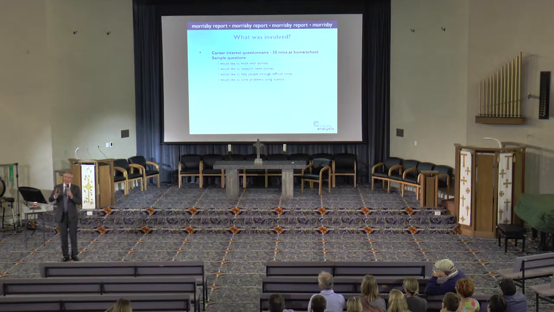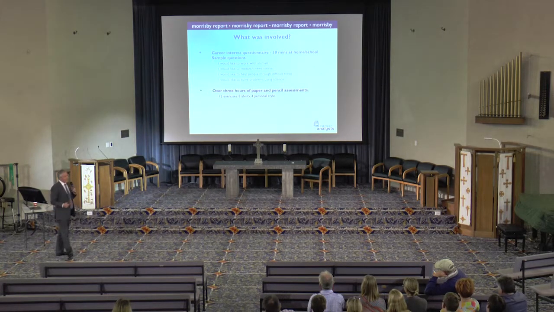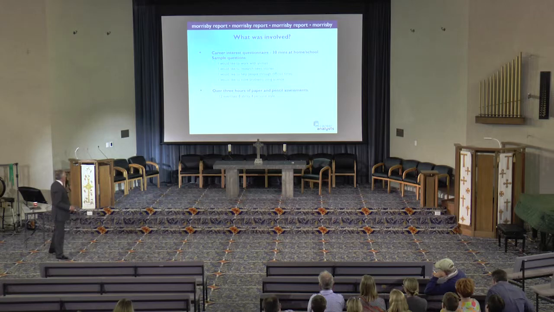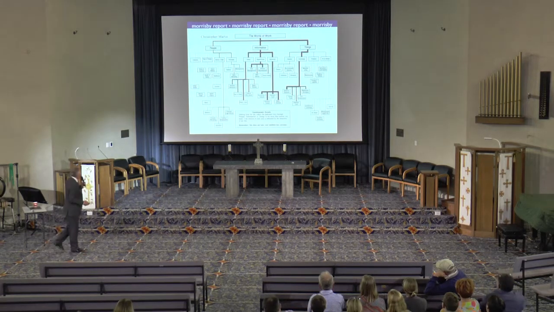We're trying to nudge them off that centre point and say, well, I might fancy this or I might not. There was then a little bit over 3 hours of paper and pencil testing. And that measured 8 aspects of ability and 4 aspects of personal style. We call that personality.